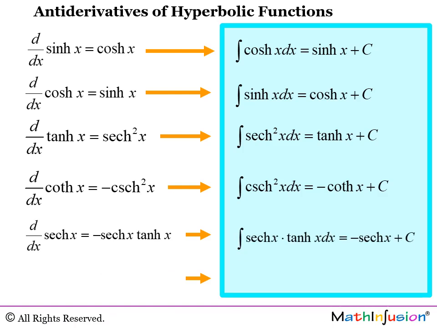From here, we get that the integral of the secant hyperbolic x times tangent hyperbolic x dx equals negative secant hyperbolic x plus c.